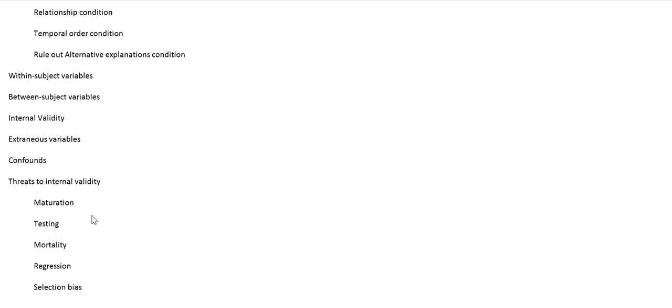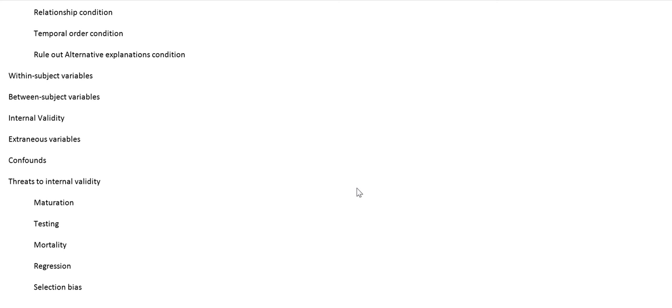One is maturation. So that's if you find a difference between your conditions and you're not sure if that difference is just due to some natural change over time, or if it's due to the experiment or the intervention itself.